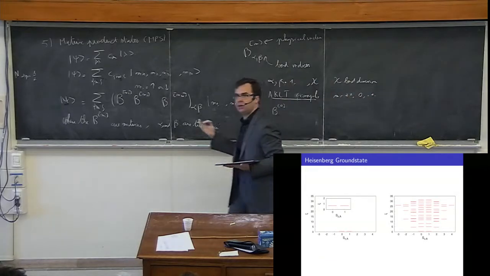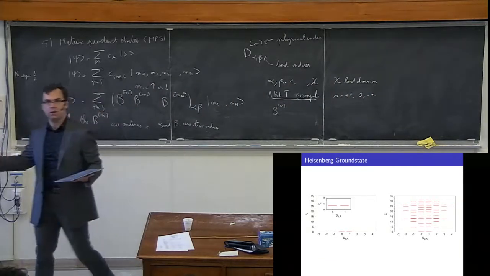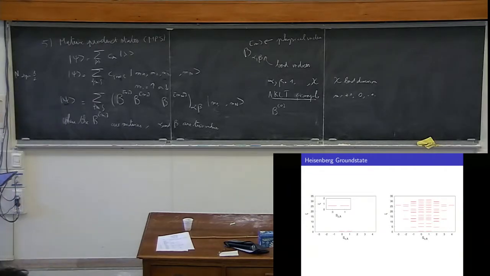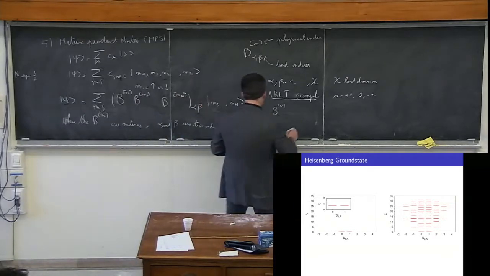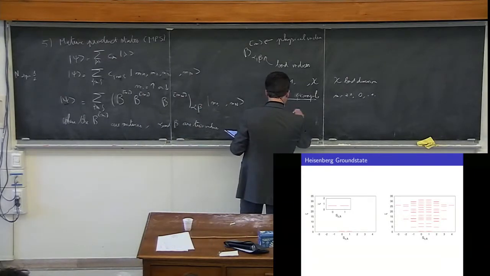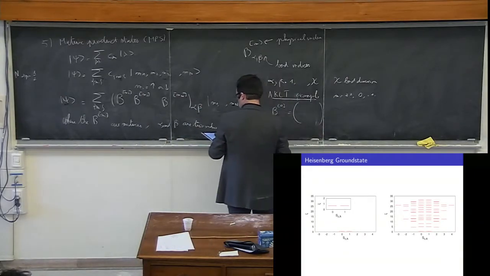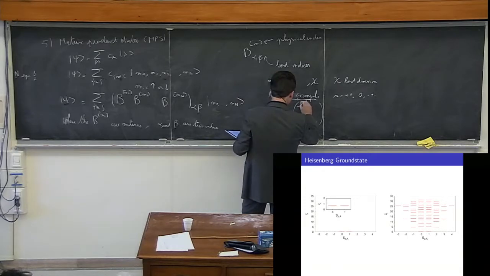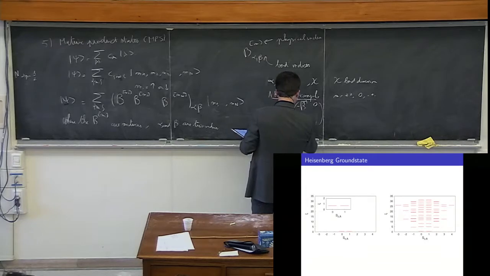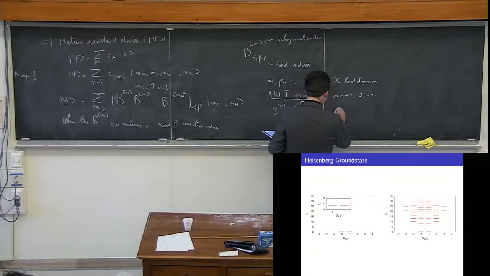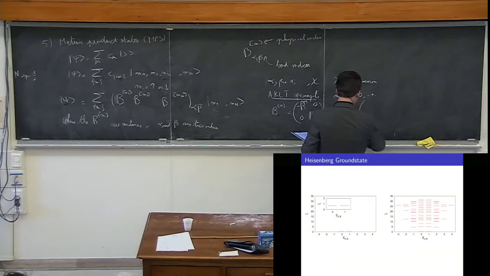The physical index can take 3 different values: +1, 0, or -1. And to rewrite the ground state of the AKLT Hamiltonian, I just need these 3 matrices.